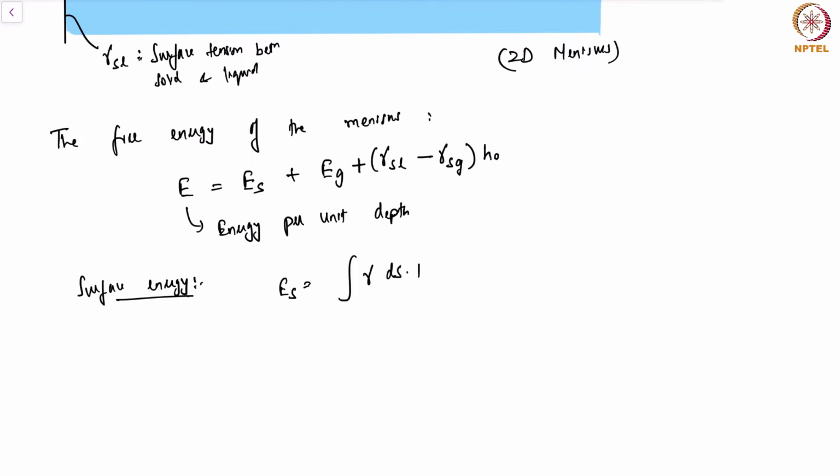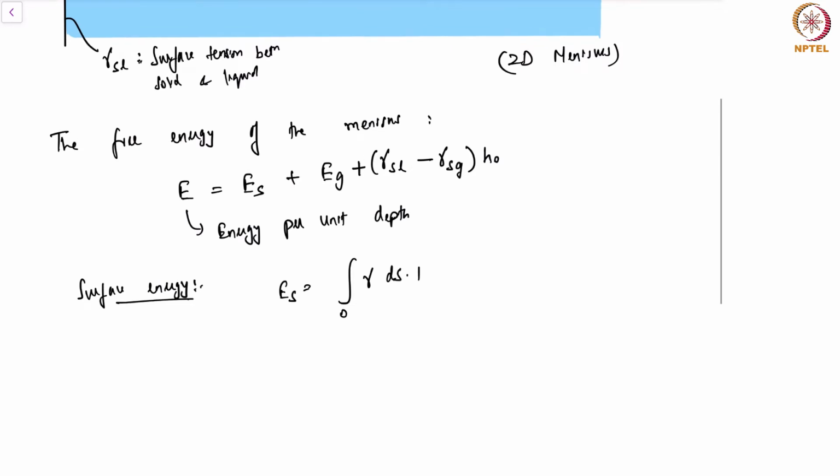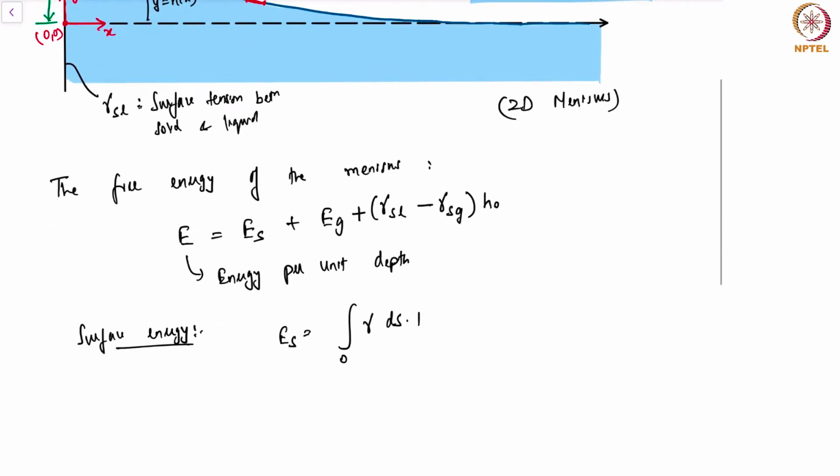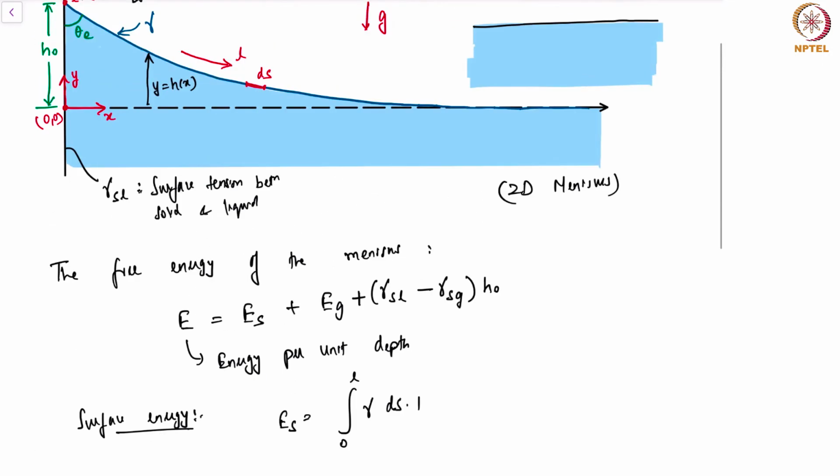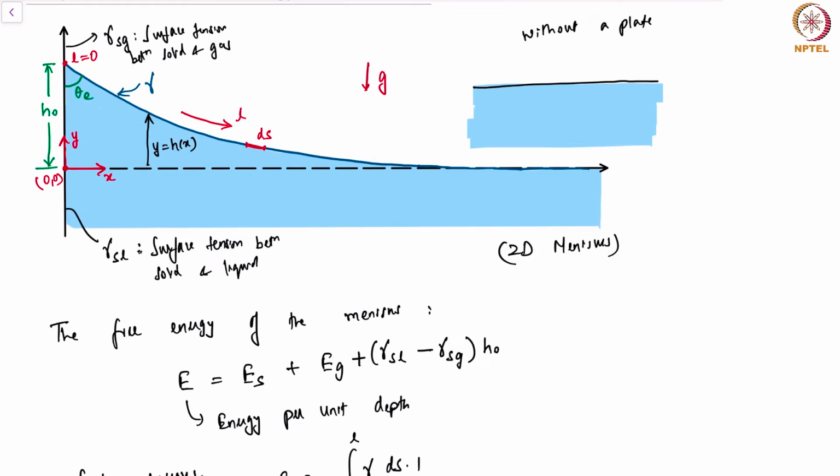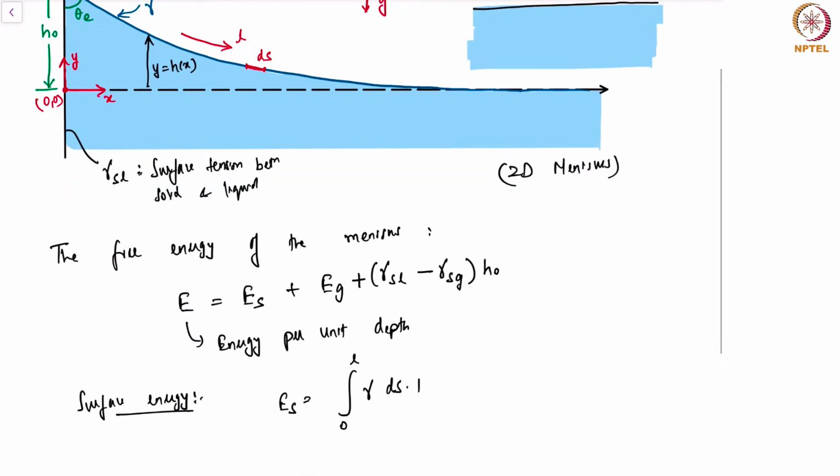Area is just ds into 1, with L going from 0 to some arbitrary length L along the meniscus. If I want the full meniscus, I would just go from 0 to infinity.